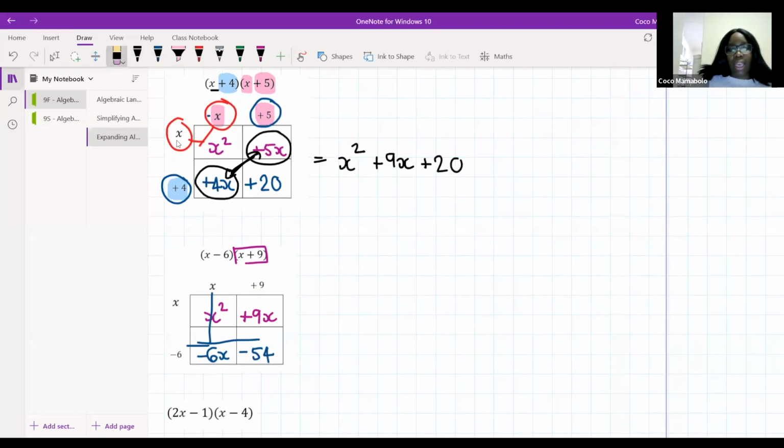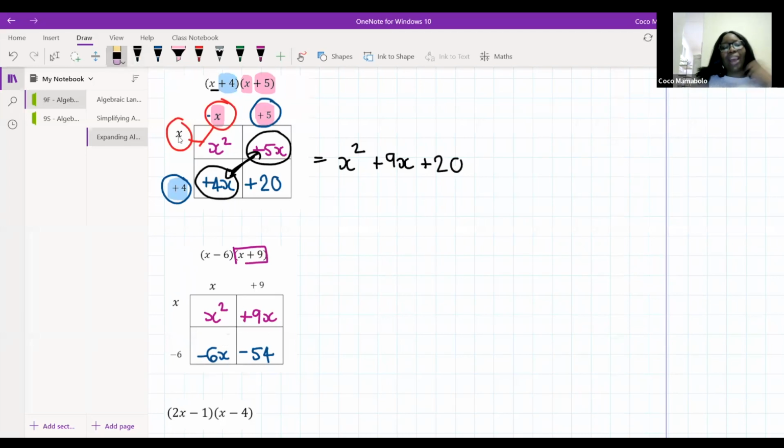Right. Okay, I hope you guys followed that with me. Right. Now, I can always tell in my diagonals, this one and that one, those two are going to be like terms. So now I've got negative 6x plus 9x. Negative 6x and 9x are like terms. Tell me in the chat, guys, how much is that going to give me?